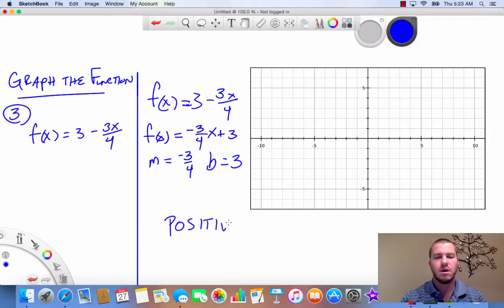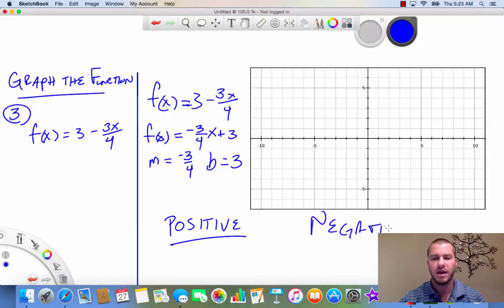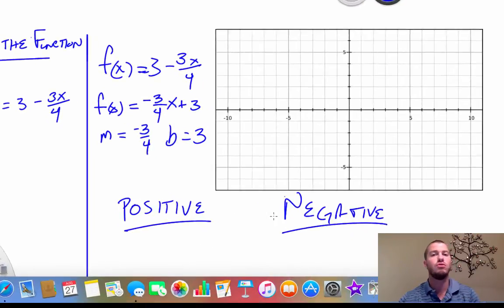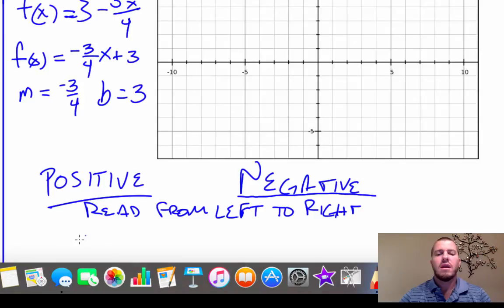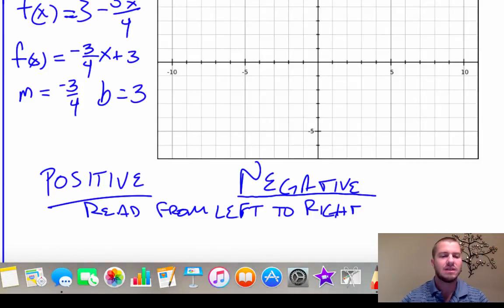You should be able to tell whether a graph has a positive slope or a negative slope just by looking at it. So you should be able to check anything you graph, whether you have your slope correct. And I'm going to tell you a trick that I use. For positive slope, reading from left to right, a positive slope is going in a positive direction, from down to up.